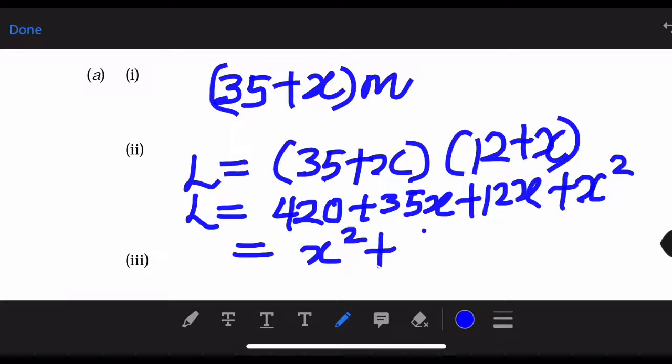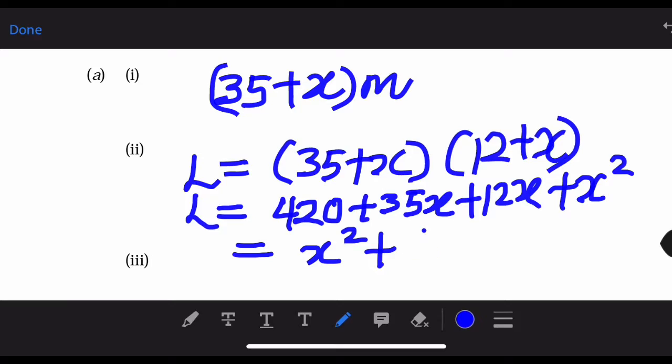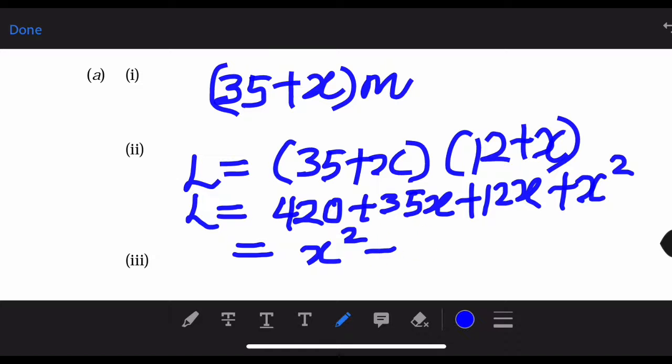Okay, so that means the area for the non-swampy area should be just now the answer, x squared plus 47x plus 420 minus 6x, which is the area of the triangle, equal to 650.